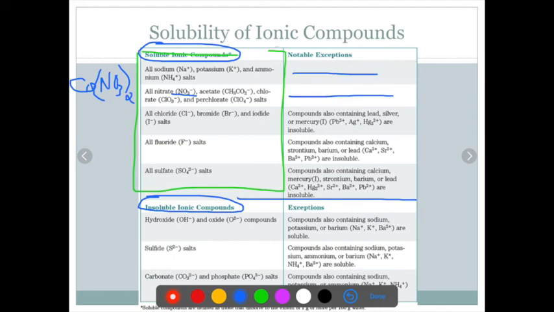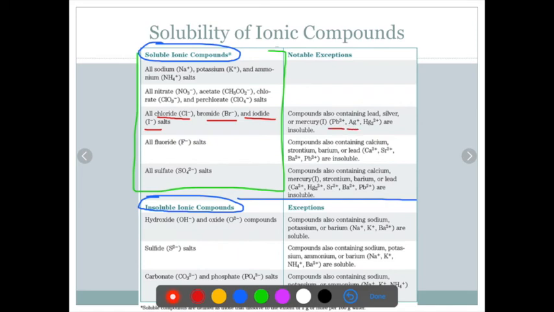But now, come down here, and now we have some exceptions. Chlorine is soluble, bromine is soluble, and iodine is soluble, except when paired with lead 2, silver, or mercury 1. So if I have calcium chloride, I look, chlorine is soluble, calcium's not an exception, so this is soluble.